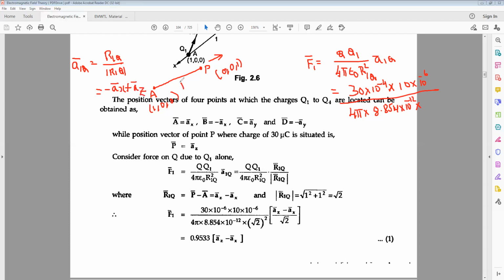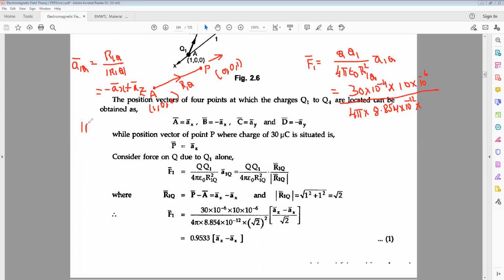Okay, this is R1Q bar, the distance is towards like this. Receiving end values subtract the sending end values. So minus AX bar plus AZ bar.